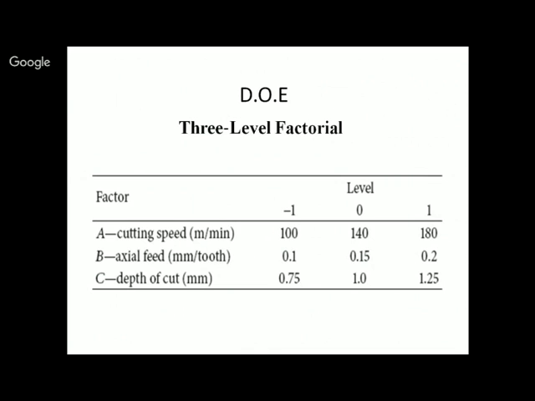That means I have to fix my constraints, one lower and one higher. Beyond 180, my tool life is almost negligible, or the experiment cannot be carried out, so I have to limit that. Then, from the literature review and by giving trial runs, I have estimated my levels. So, sir, in the literature the maximum limit is 180; after that the tool is not working properly. Yes, it will work, but my tool life will decrease.